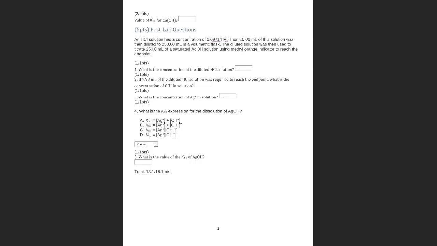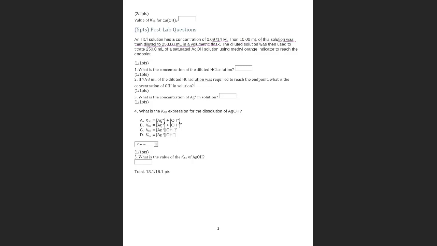And then it says 10 mL of this solution was then diluted to 250 mL in a volumetric flask. And then it looks like the diluted solution they used to titrate silver hydroxide.